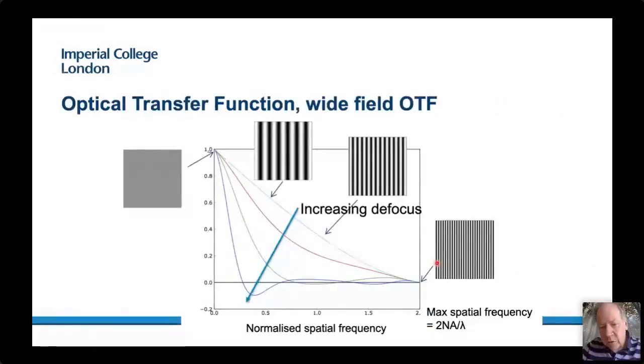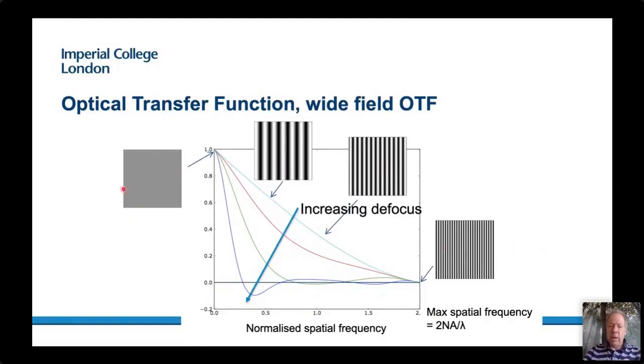Now, there's another thing I want to introduce. One of the things we like to talk about as physicists and engineers and optics people is that we like to think in Fourier space and particularly look at transfer functions. Here's a classic optical transfer function for an incoherent imaging system, which is what we essentially have when we look at a wide field microscope. It is a plot of how well that imaging system images various different grid patterns.